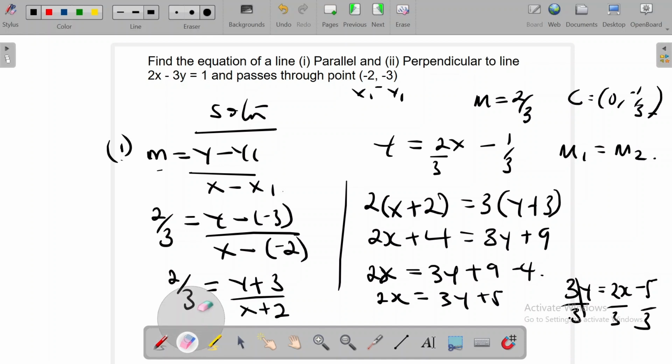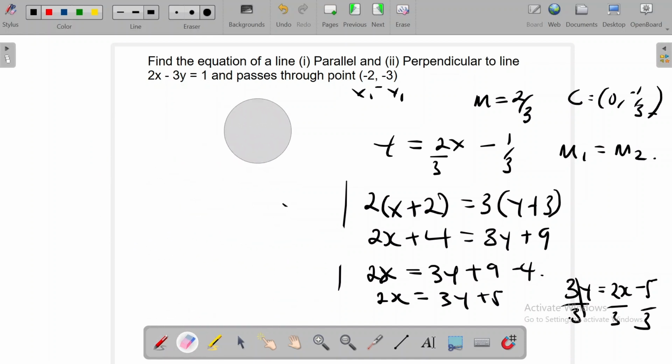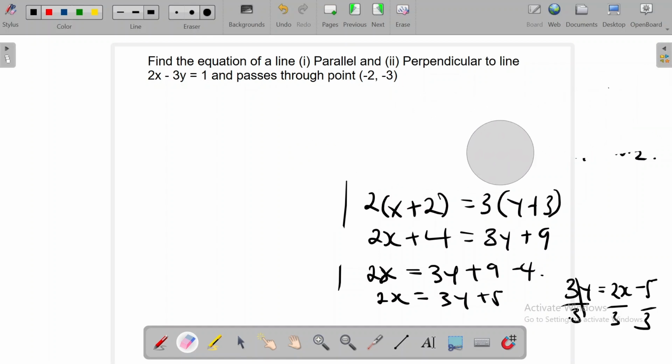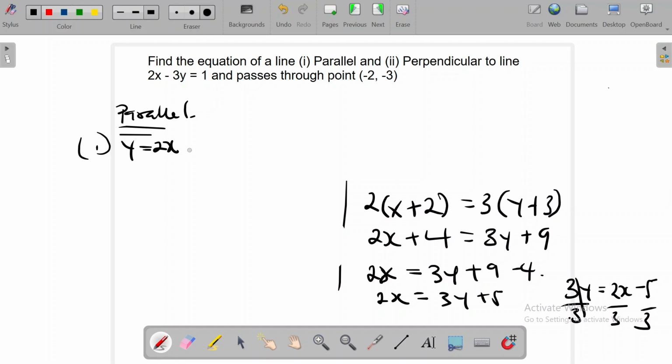So I can say that if they are parallel, then the equation of the line for the parallel would be y is equal to 2x over 3 minus 5 over 3.